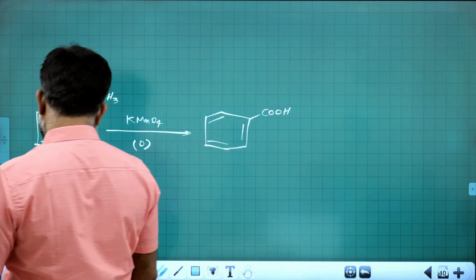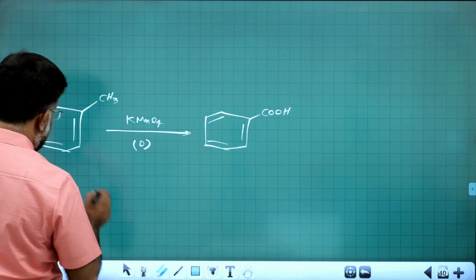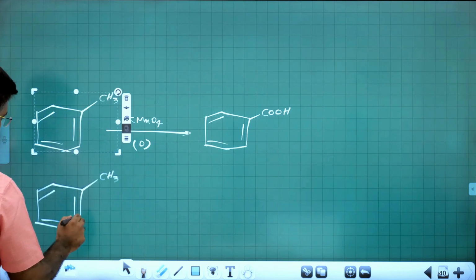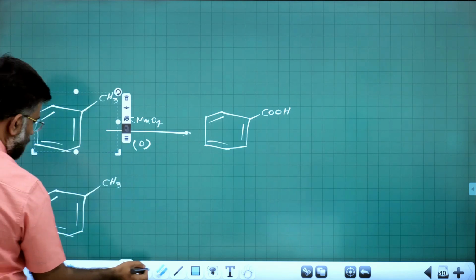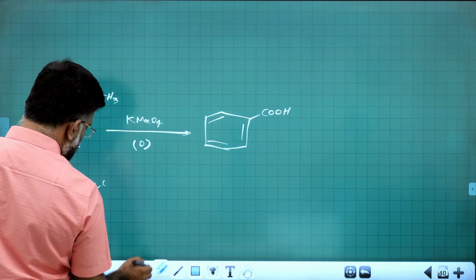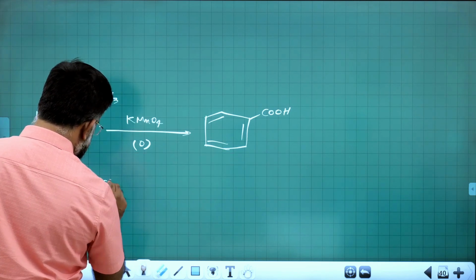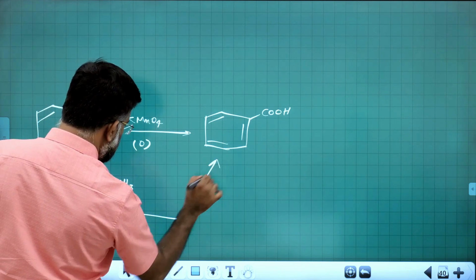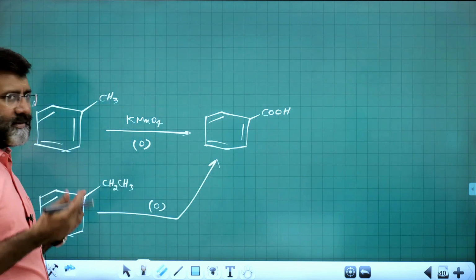Suppose instead of a methyl group, imagine it is ethyl benzene. The result is the same. If you are dealing with CH2, CH3 undergoing a similar kind of oxidation, the result is the same.